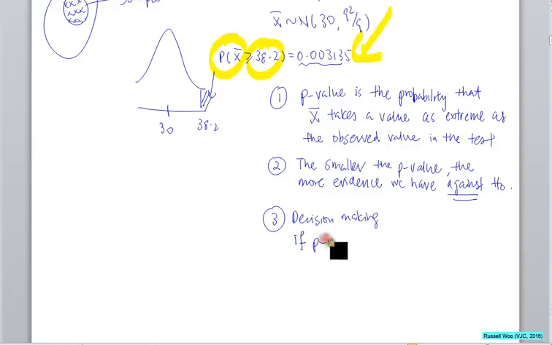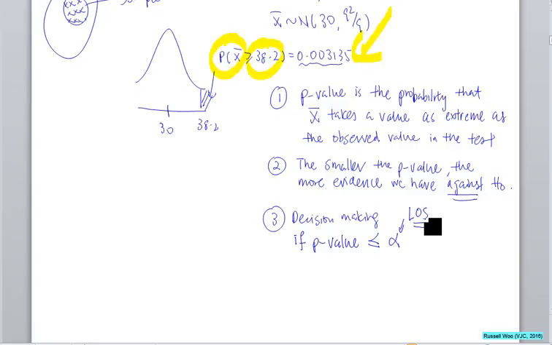If the p-value is smaller than or equal to your alpha, which is your level of significance, what conclusion will you make? Smaller than 5%, what conclusion will we make? Do you reject H naught or do you accept H naught? Think.